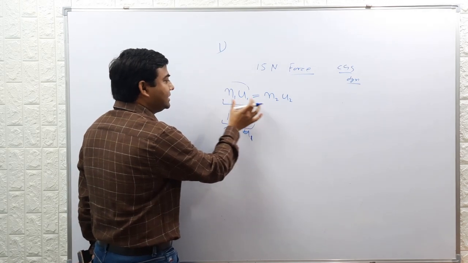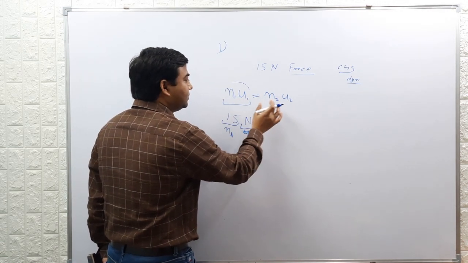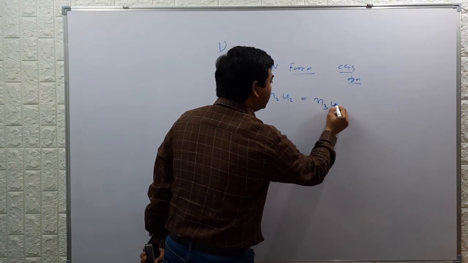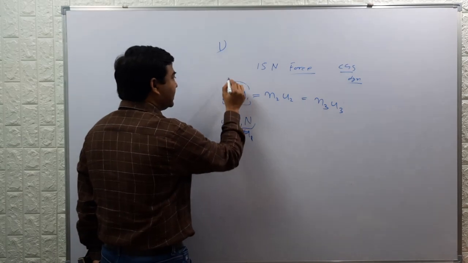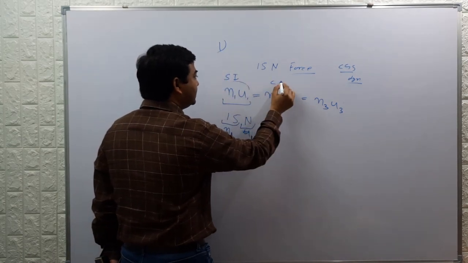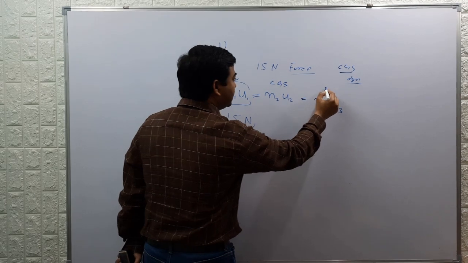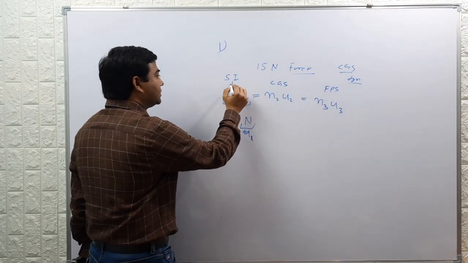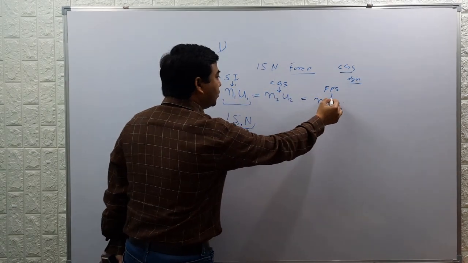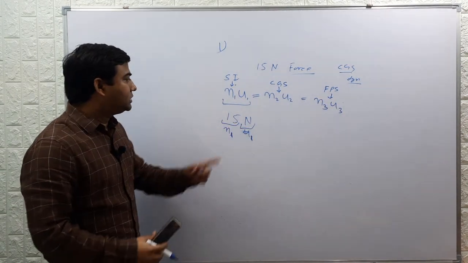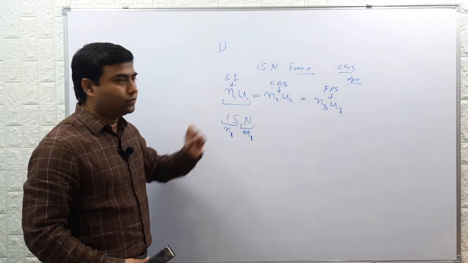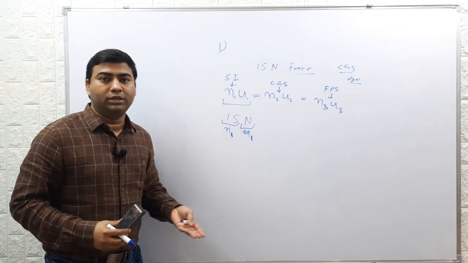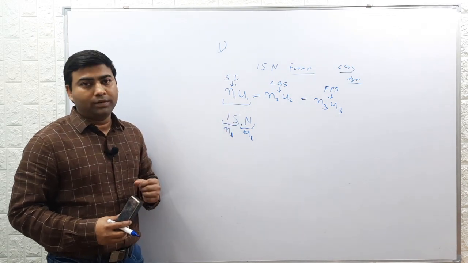If it is in the SI system, in the CGS system, or in the FPS system, it can be written as N3 U3. Suppose this is the SI system, this is the CGS system, and this is the FPS system. In all systems, this formula will be valid. When you change the unit U, the numerical value will change according to the unit. So this is the basic formula.